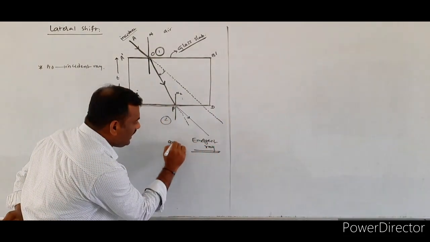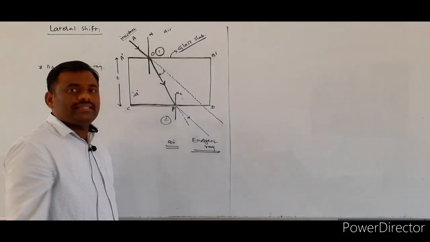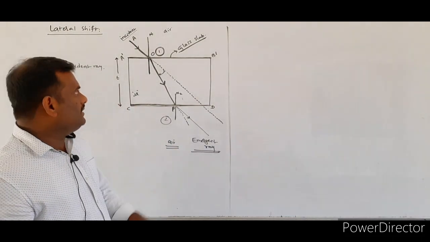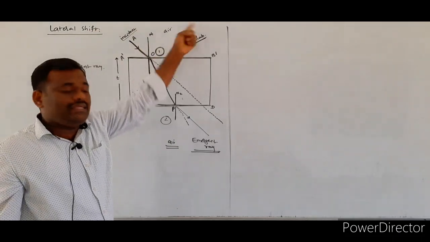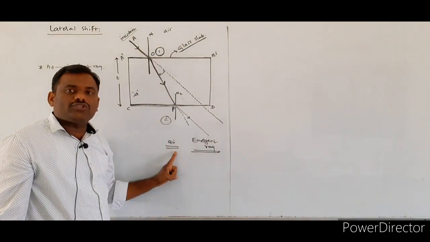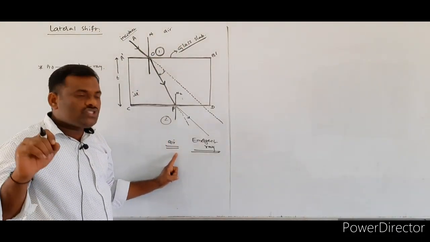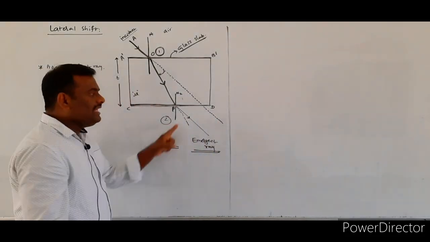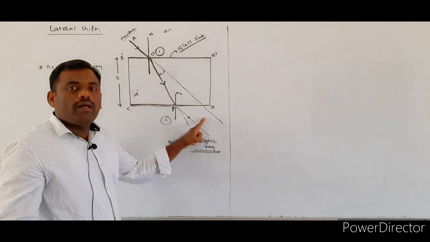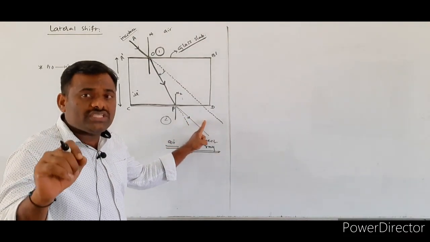This emergent ray is also in the air medium. The incident light ray is in the air medium and the emergent ray is also in the air medium, so the initial path of the incident ray and the emergent ray are parallel to each other.